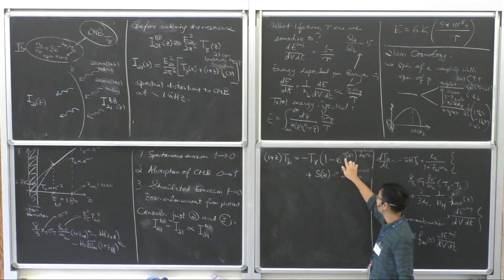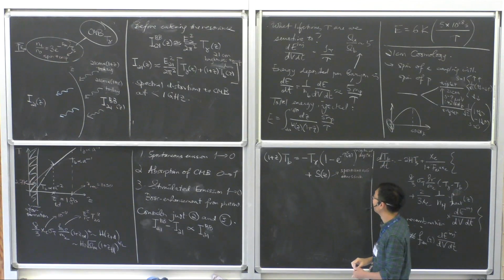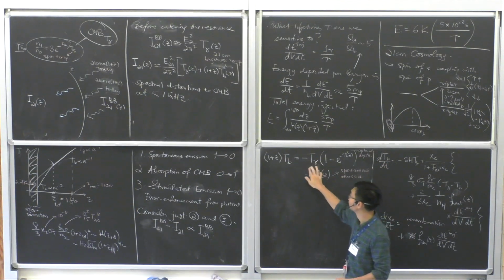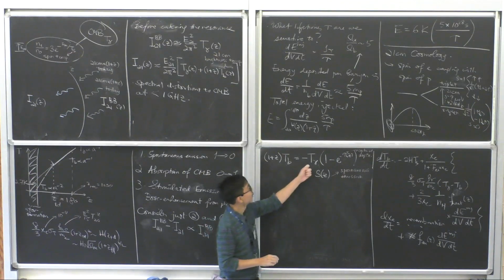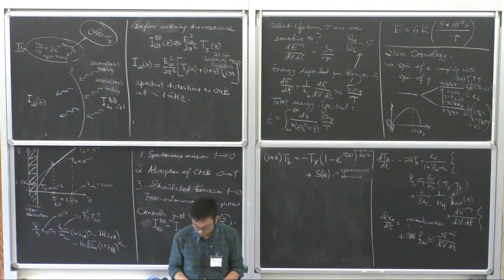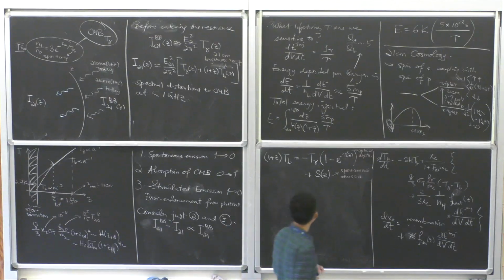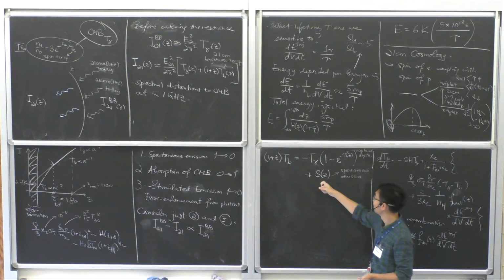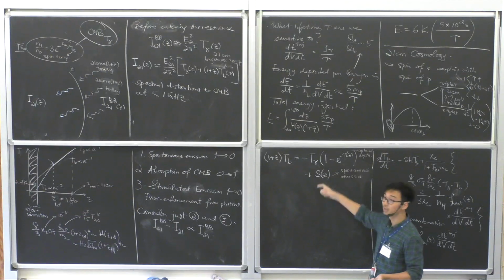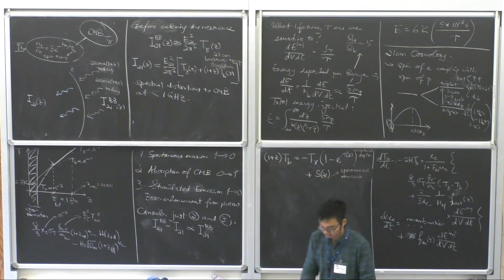But if tau is very, very large, then essentially all of the photons get absorbed. And so you get a huge deficit that is given by minus T gamma. Then, like I said, that was only for process 2 and 3, so that's 2 and 3 in this term. And then for process 1, which is spontaneous emission, I still need to add another term.